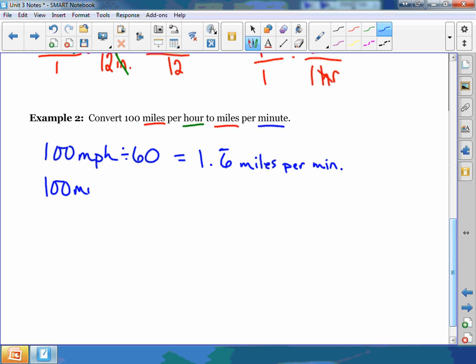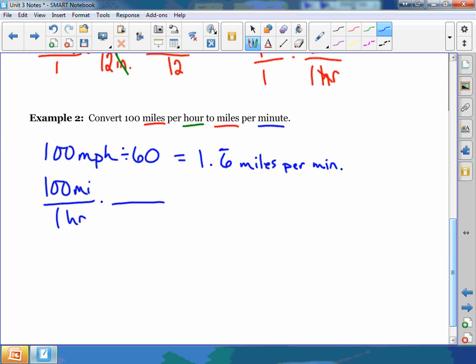If I wrote this like this, guys, 100 miles per hour, 100 miles over 1 hour, that's another way to write it. And I want to get rid of the hours and replace it with minutes. My conversion factor needs to get rid of hours, replace with minutes. So my conversion is 60 minutes in 1 hour.